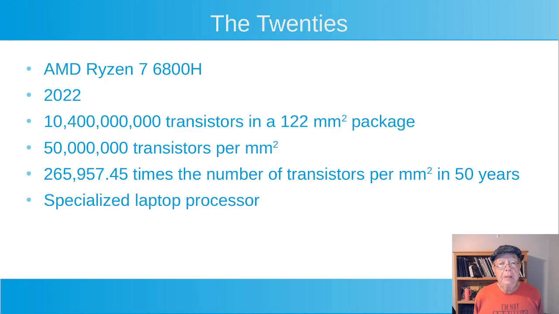Think of that. This is miniaturization. That's 266,000 times the number of transistors in 50 years. As I said, this is a specialized laptop processor, and it's an excellent one. My ex-wife has one in her computer, and she absolutely loves it.